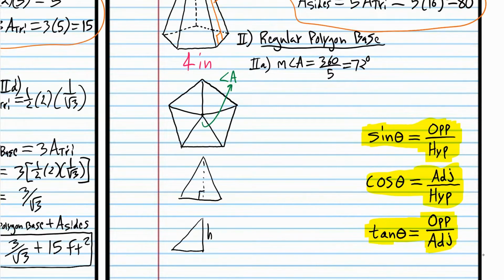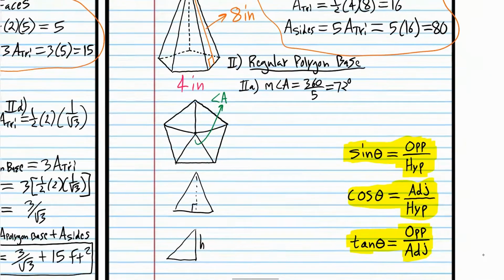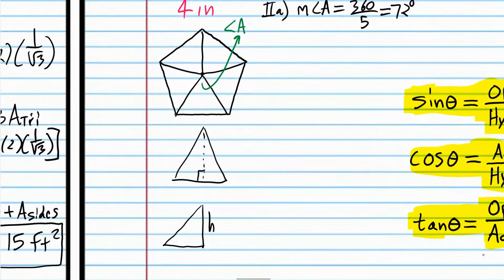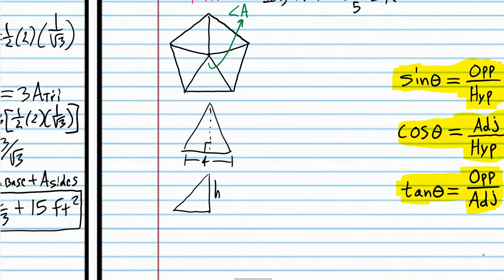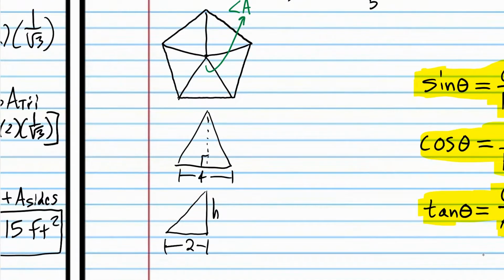So we have height, and the base we already know is 4. So this length is 4, which means that this length here is 2. And if that angle is 72 there, divide it in half, we get 36 degrees. This is all familiar from what we did before.